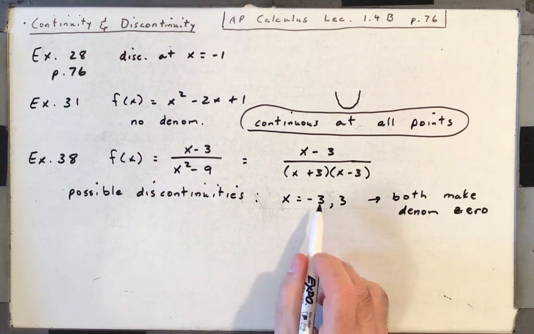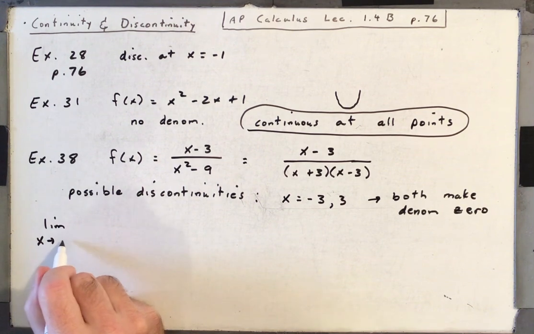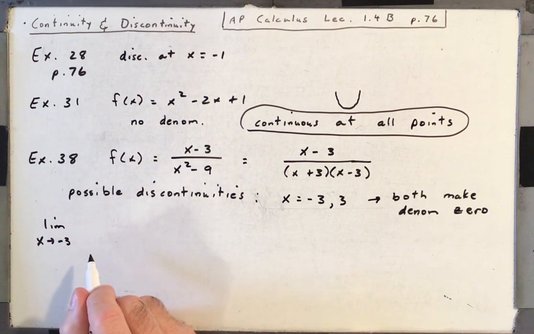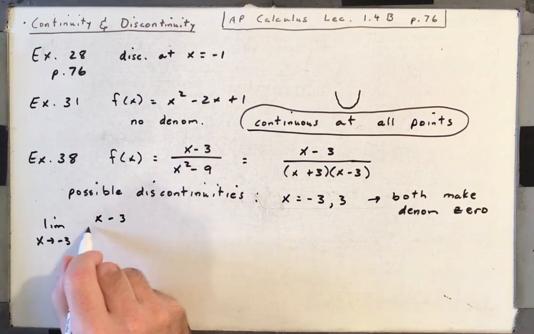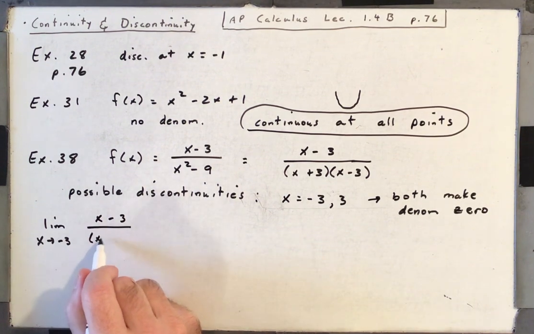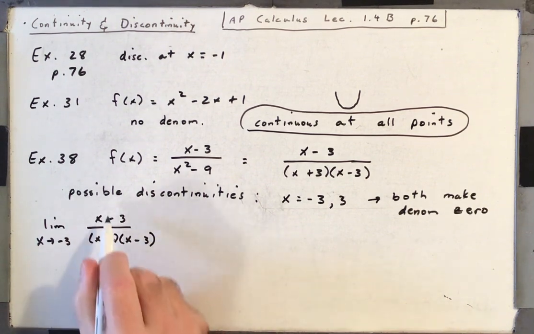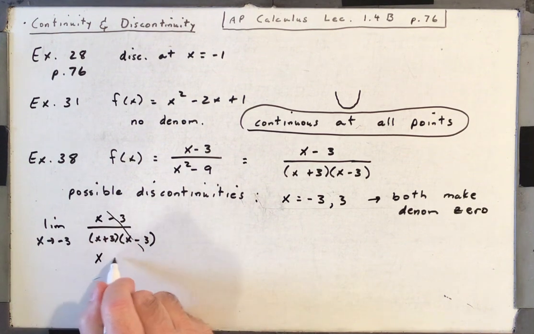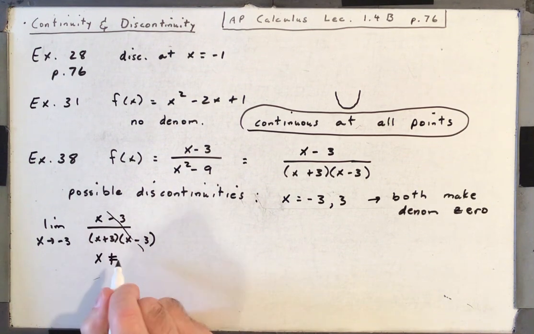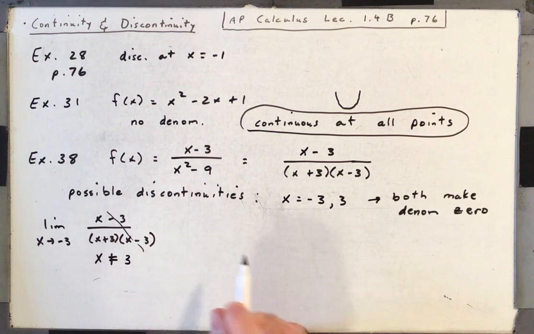So what we have to do is take the limit as x approaches -3 of this function, x minus 3 over x plus 3 times x minus 3. We can cross that out as long as x does not equal 3, right?